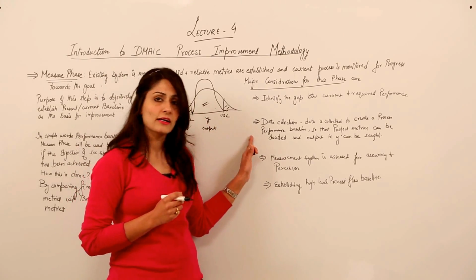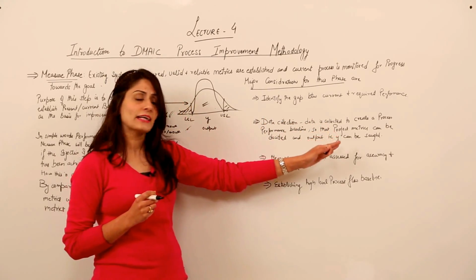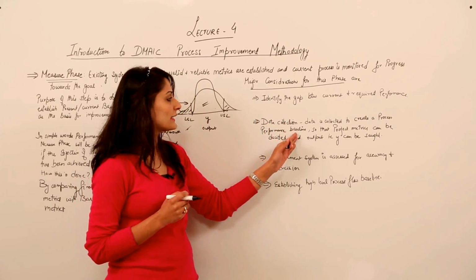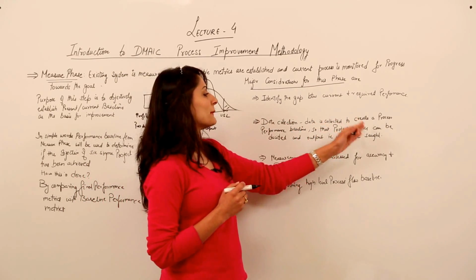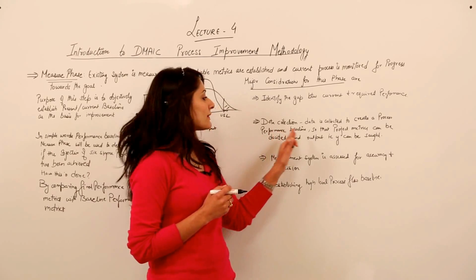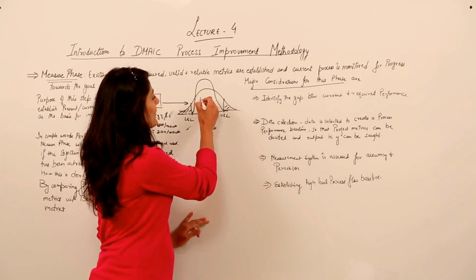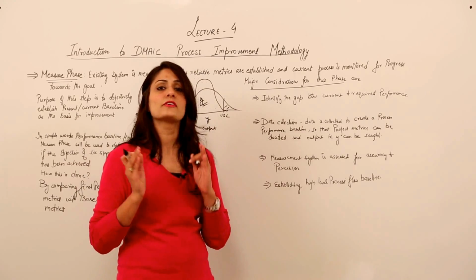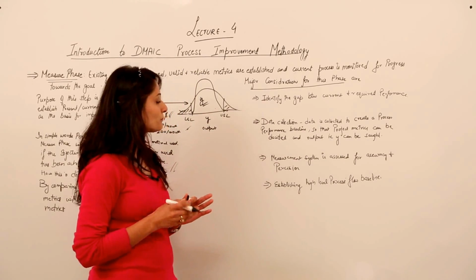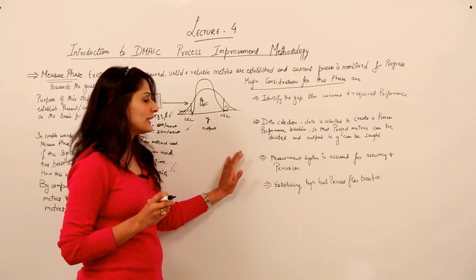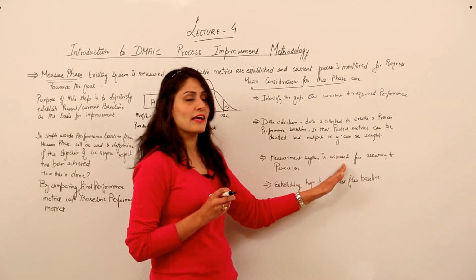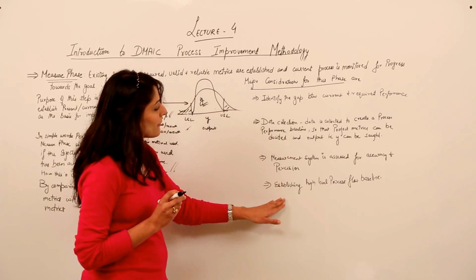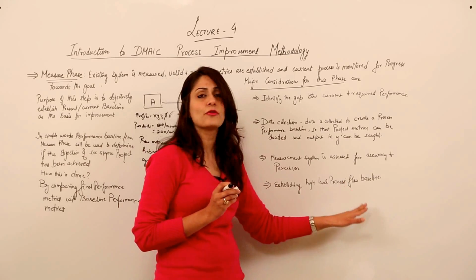Then data is collected to create a process performance capability baseline so that project matrix can be decided and the output, that is Y, can be sought, that is, what kind of output I want after Six Sigma implementation.